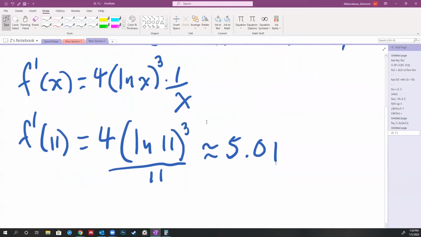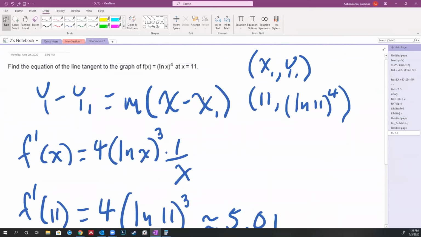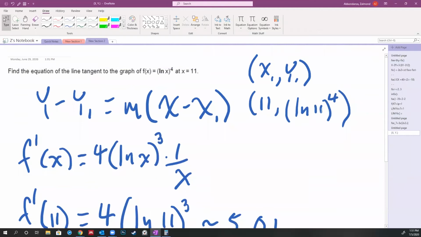So let me fill in my formula. We have y minus y1. Our y1 is this right here, natural log of 11 to the 4th. That's our y value when x is 11.